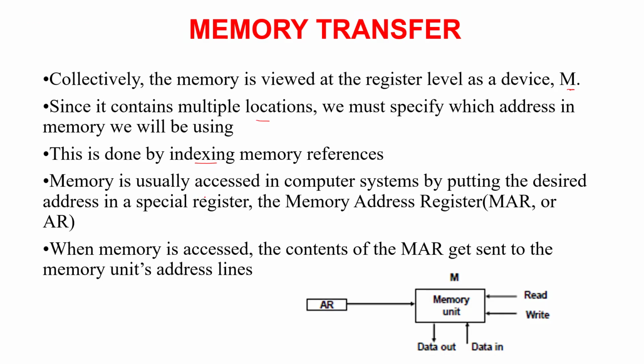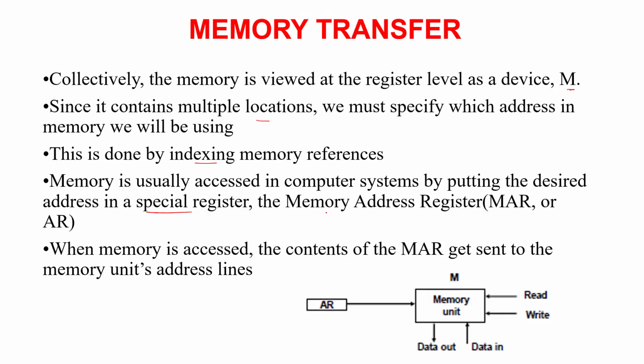Memory is accessed by the computer system by putting the desired address in a special register. Later we'll talk about the program counter and such registers. Here we have a special register that holds the address of the particular location in the memory.